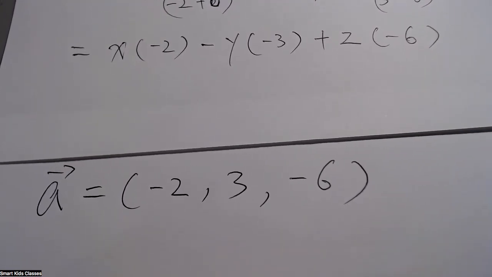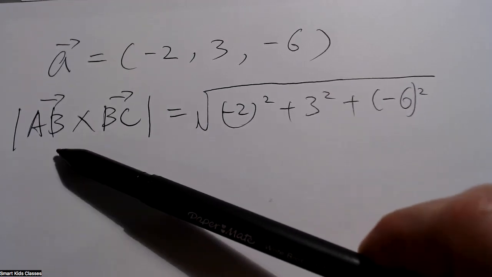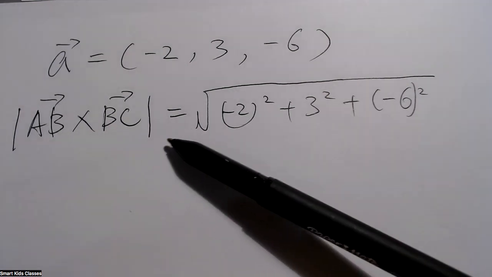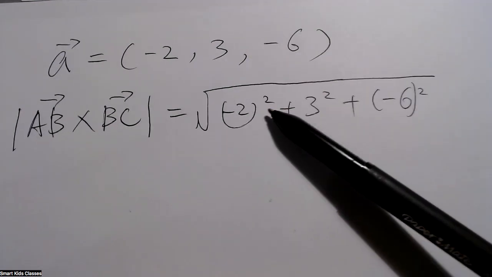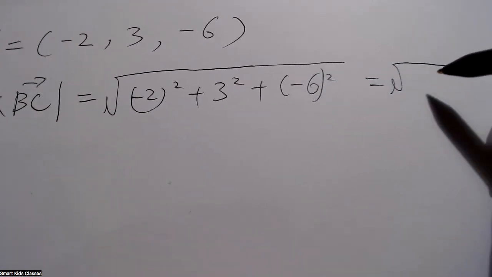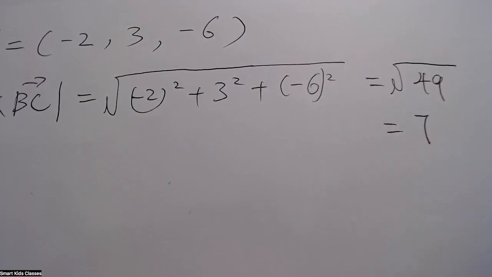Now to find the area, we're going to find the magnitude of this cross product. The magnitude of vector AB cross vector BC is equal to the distance formula. Now we use a calculator to find the final answer. It equals 49, which is equal to 7. Now we're going to find the area of the triangle.